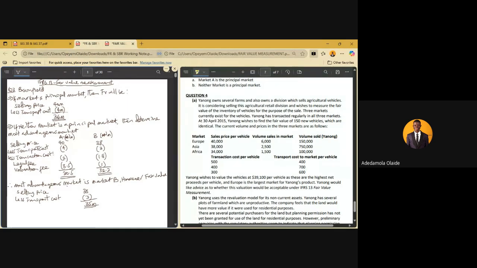We have the market volume to be 6,000, 25, and 15. We have the volume sold by Yanong in those markets to be 150,000, 750,000, and 100,000. We have the transaction cost per vehicle, and the transport cost to market per vehicle. So, what do we do?